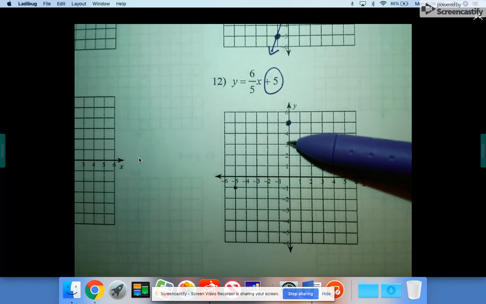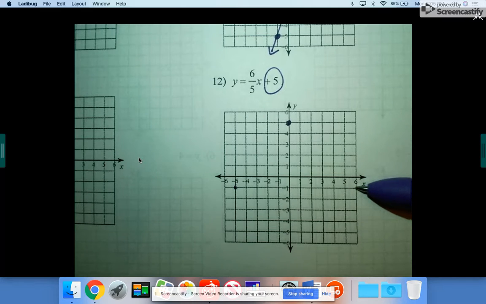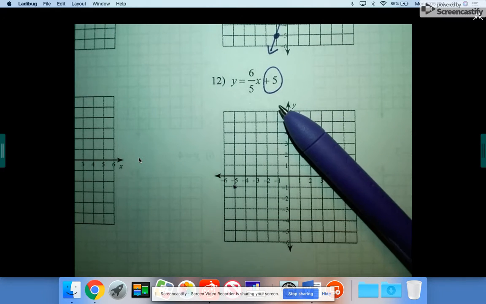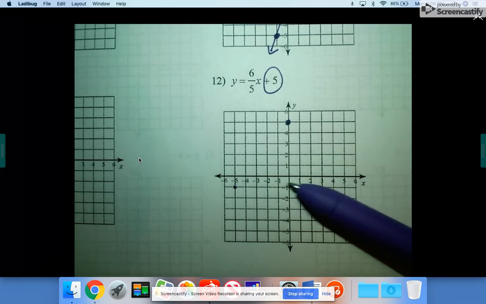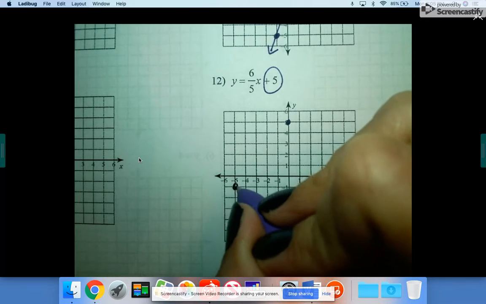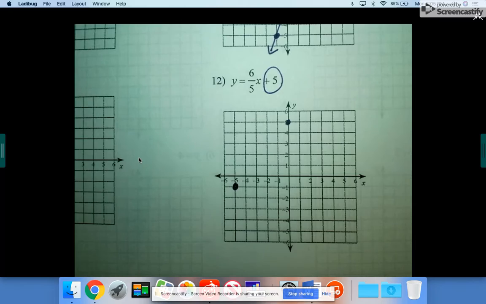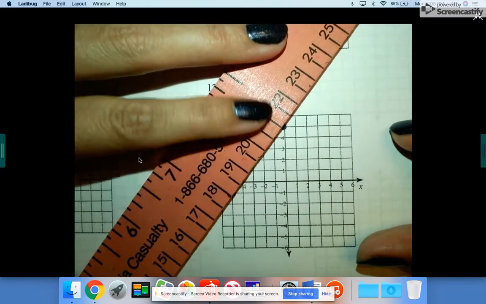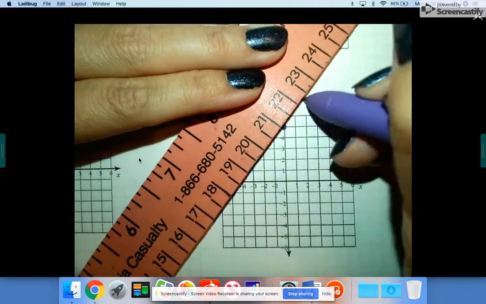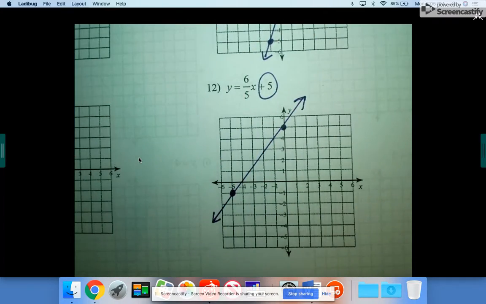If I were to go down 6 over 5 this way, that would make my slope going downhill from left to right, which is a negative slope. So I need to be sure you put your dot in the right spot so that it's going to go uphill from left to right. Okay, there you go.